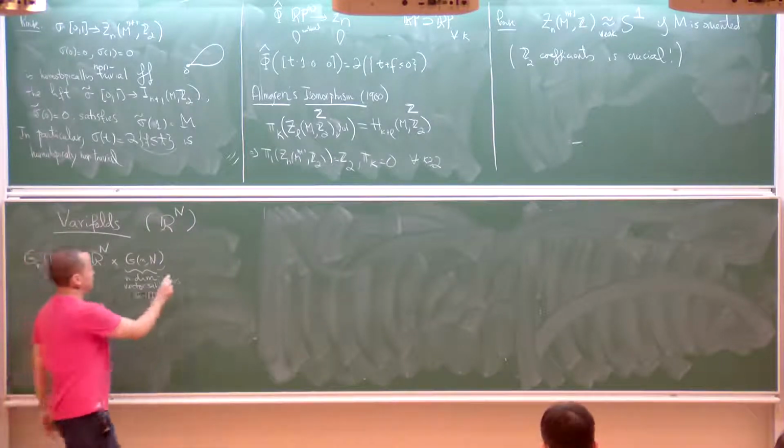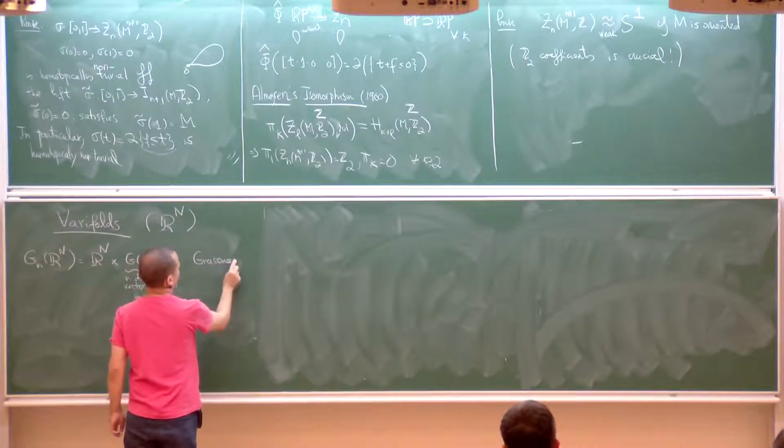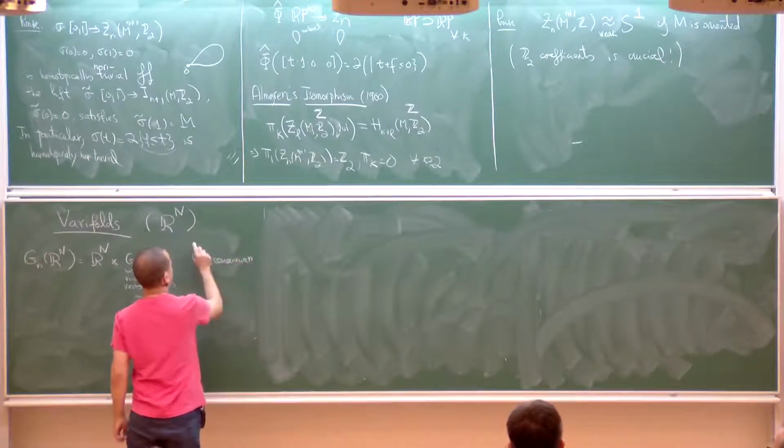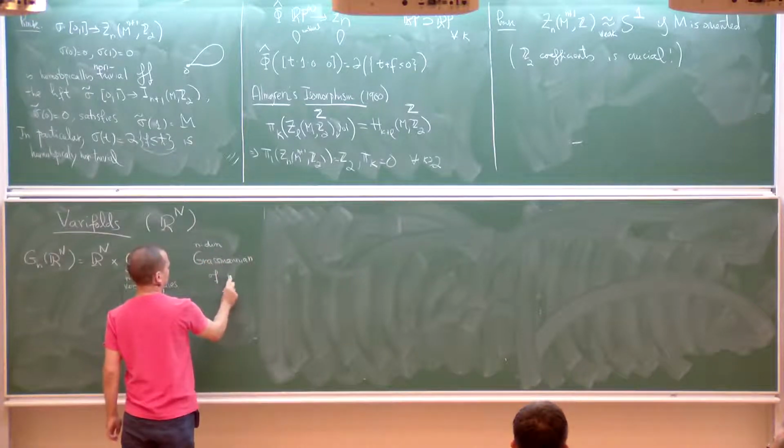So this is really the Grassmannian, the n-dimensional Grassmannian of R^N.